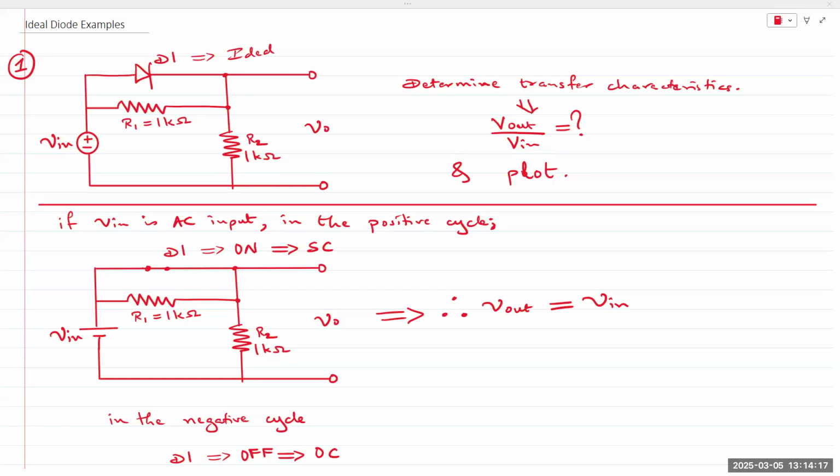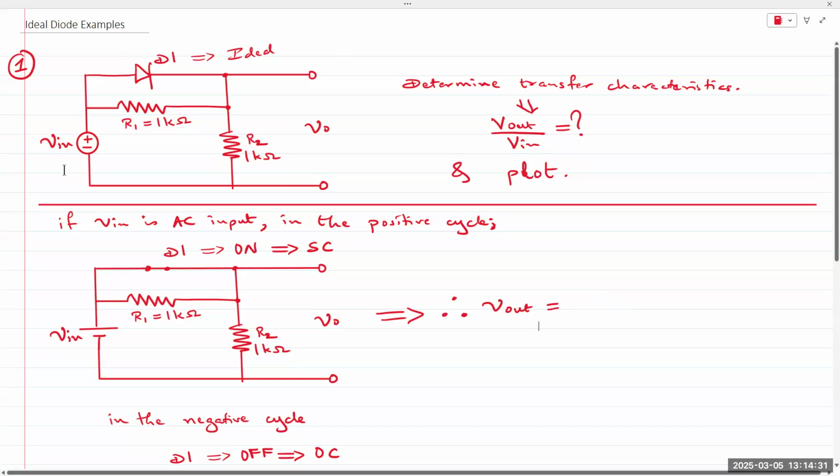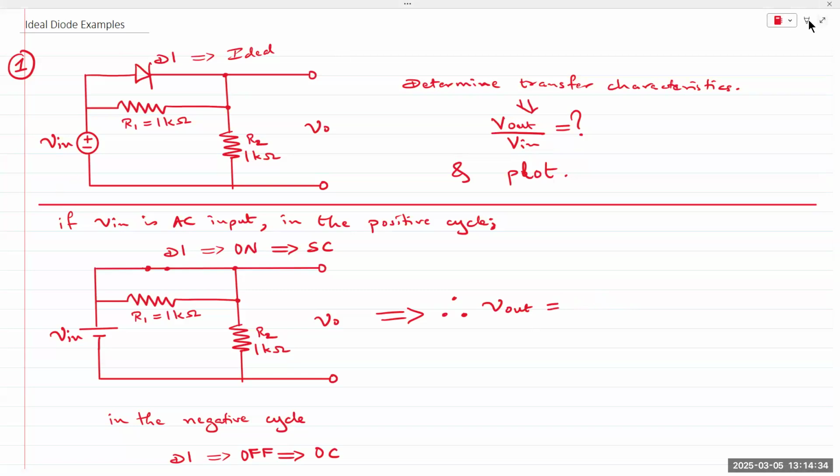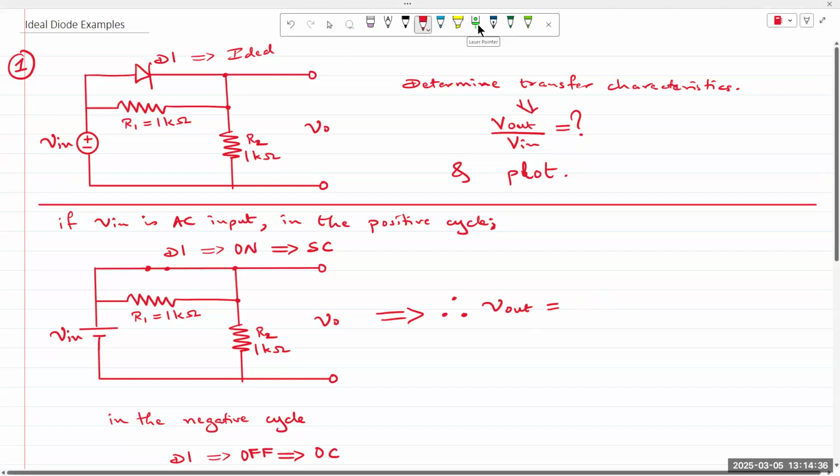So a lively discussion. The answer is already on there, but let's go over the steps. So we have a diode circuit. Let me change. That's an interesting color.